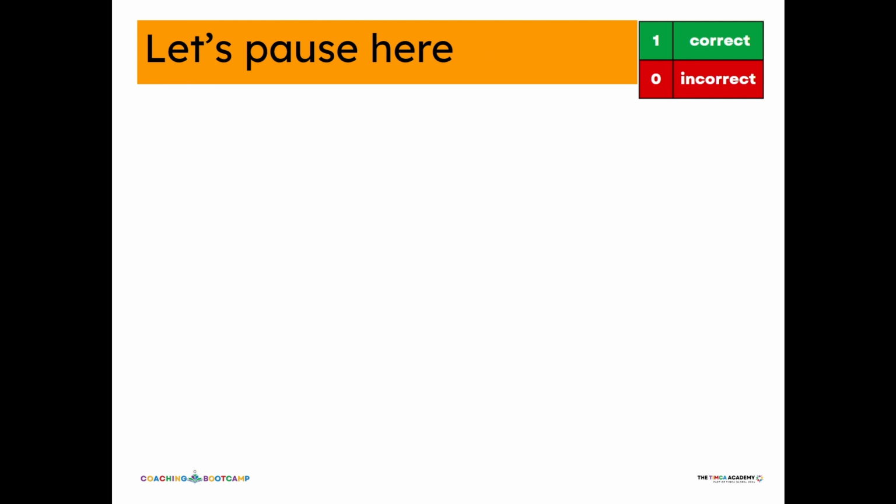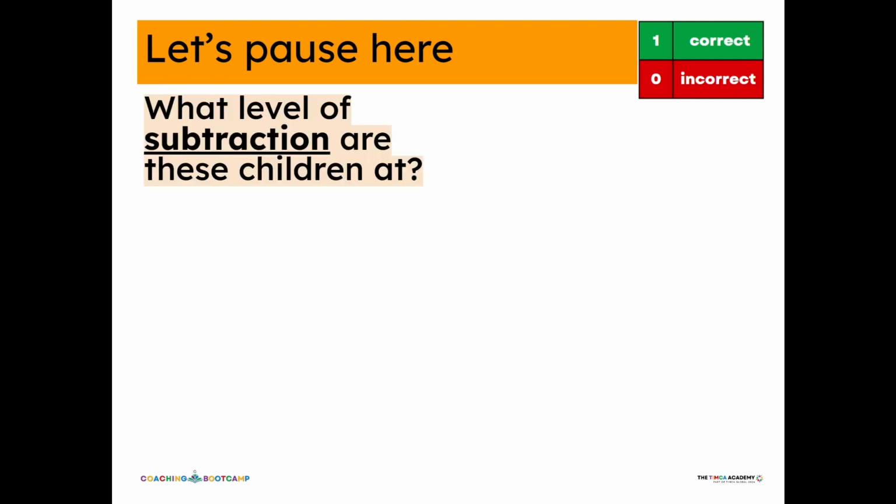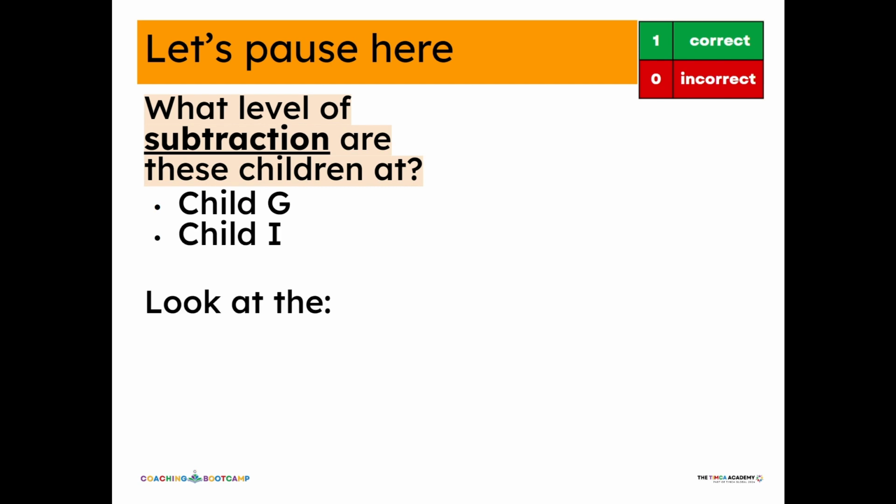Okay, and let's just pause here. Let's have a look at some more data and see if we can work out what kind of story it tells us at this point. So we're going to look at child G and child I, and I want you to look at the score for subtraction.